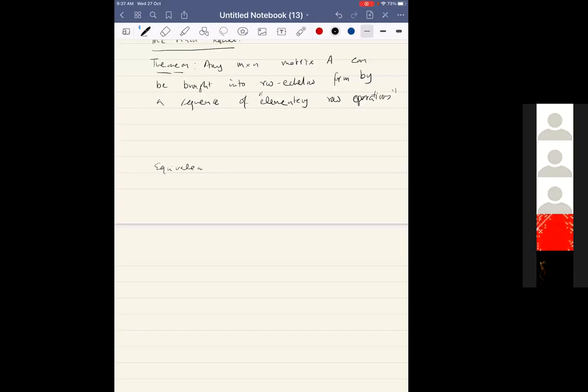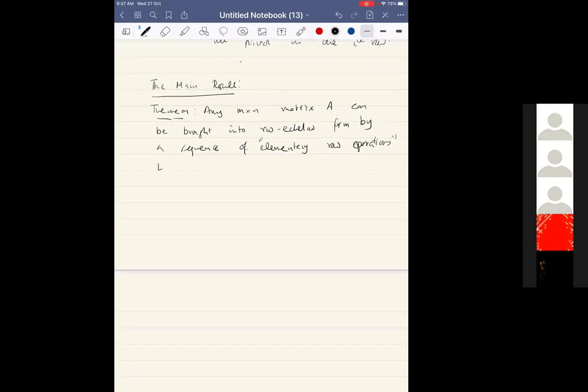So we will see why this is equal. The point is, I'm going to write the theorem and then explain what this means and the connection between this phrase and this. Equivalently, there exists a sequence Ek, Ek minus 1, ..., E1.